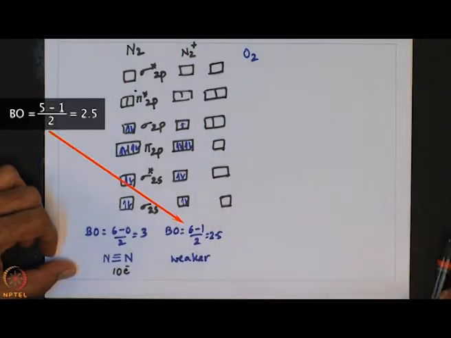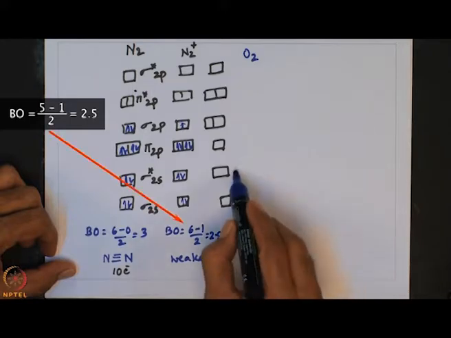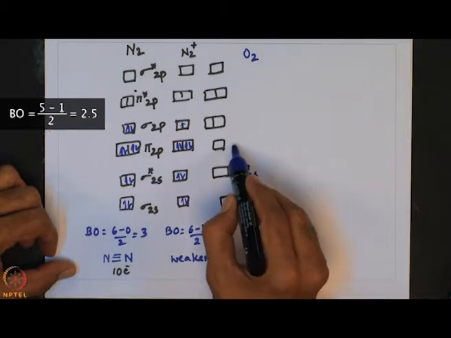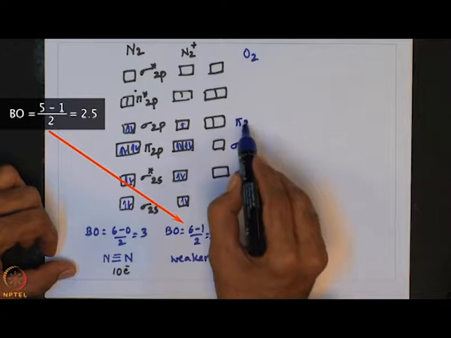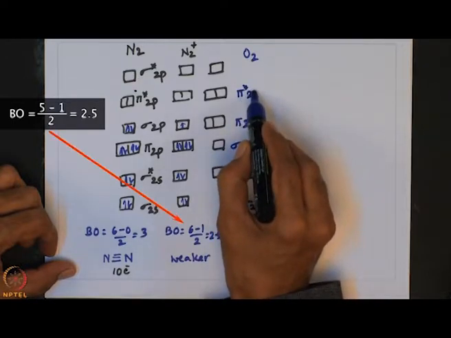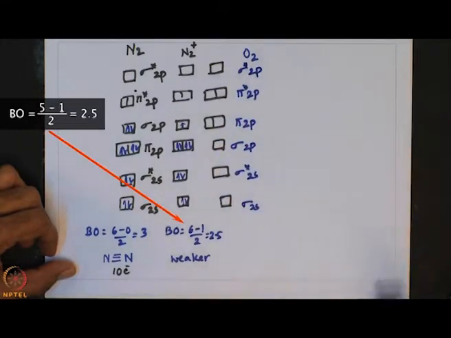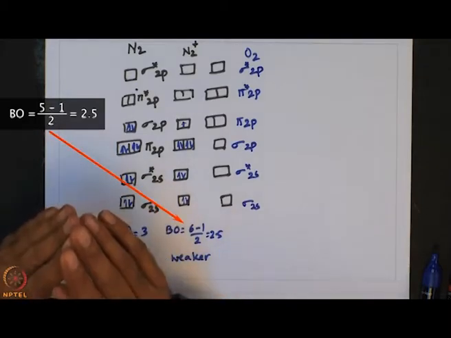So, now let me write them. This is sigma 2s, this is sigma star 2s, and then here sigma 2p, pi 2p, pi star 2p, and sigma star 2p.